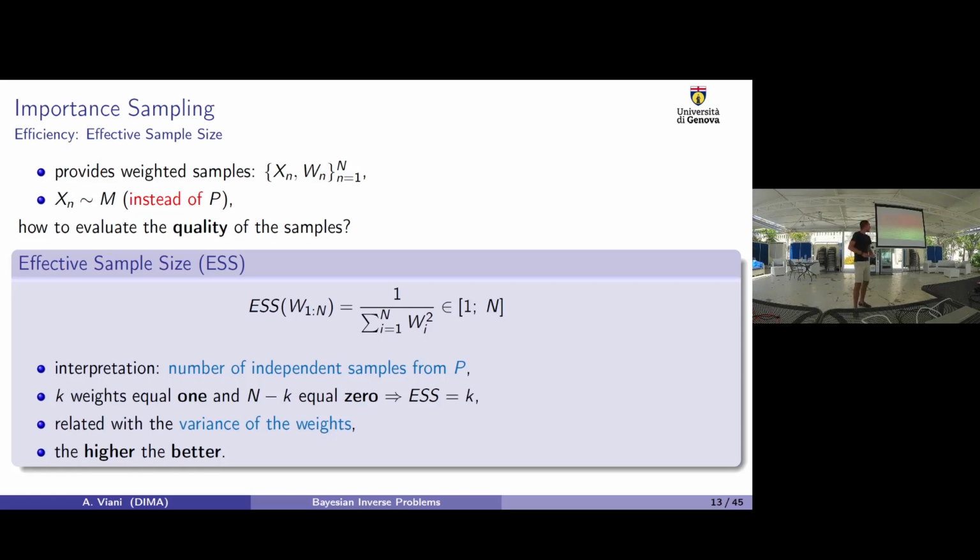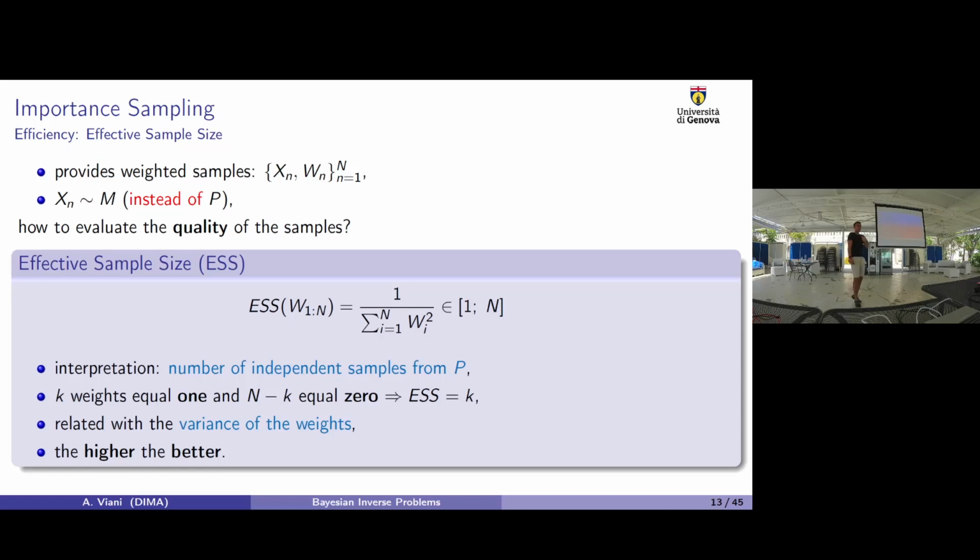Yeah, because in that case, where we have k weights that are 1 and the others that are 0, this means that we have k independent samples from P. Just because if the weight is 1, this means that we are sampling from P. And these are all independent, because I'm supposed to be able to sample independently from M.